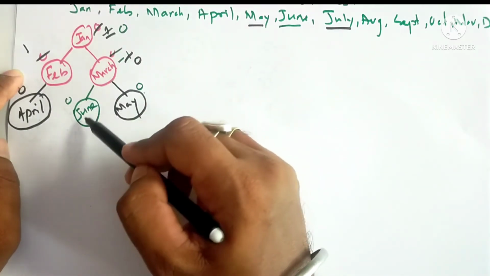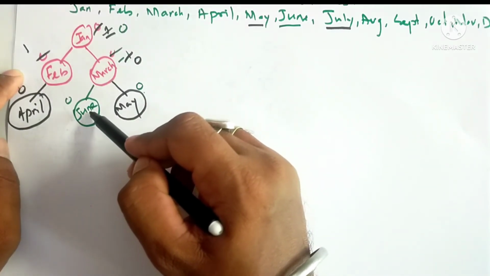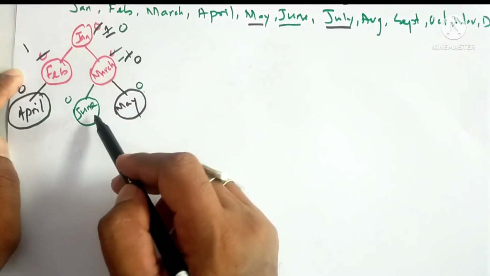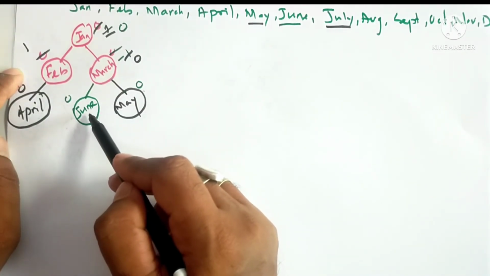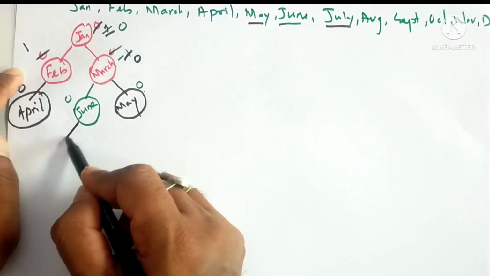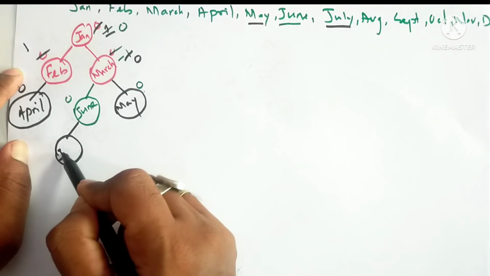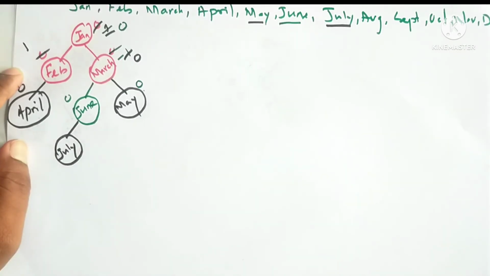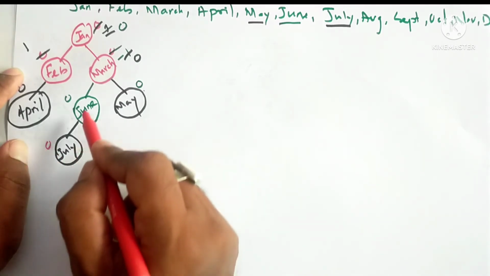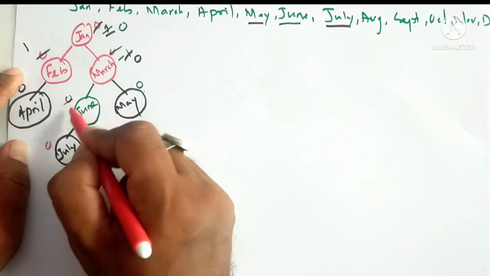Your left side node is June, so Jun, and here L is greater than N, so I can place it on the left side here. I'll write July here. Now you have to find the new balance factor. What is the new balance factor?